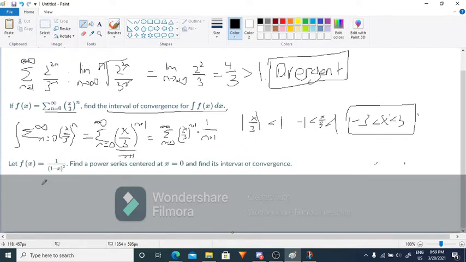Okay, next problem. So let f of x equal 1 over 1 minus x squared. Find a power series centered at x equals 0 and find its interval of convergence. Okay, so for these problems, we must know the general rule for finding power series, and this stems from geometric series.